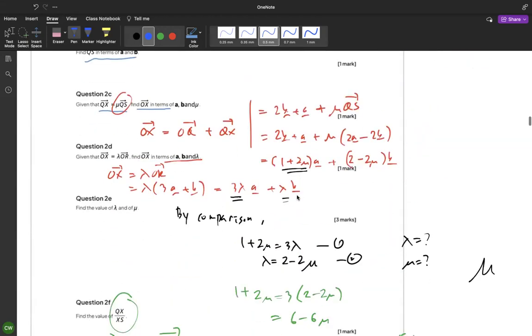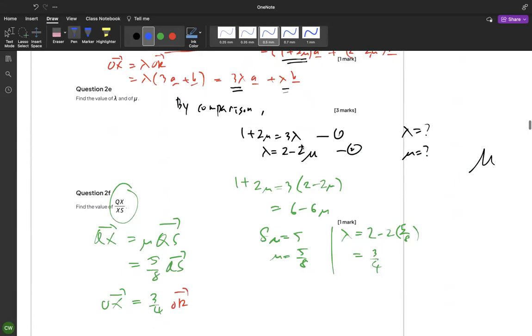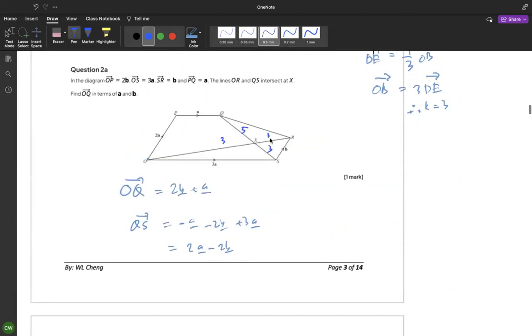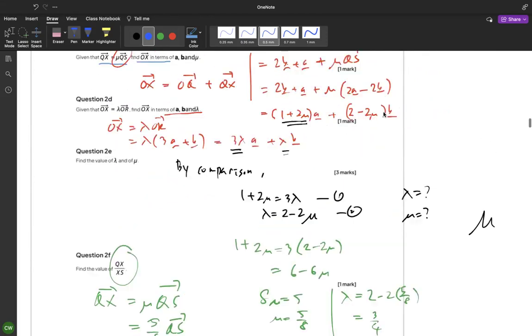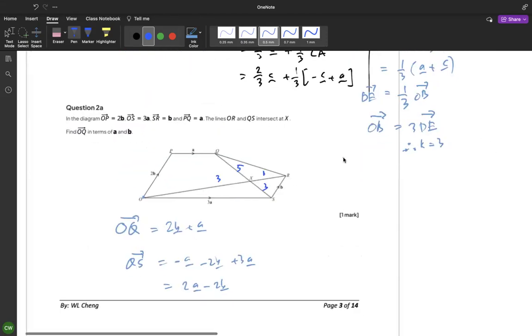Okay, we are looking for what? QS to SS. Hey, this one we already know. So what is the ratio? Can you see on the diagram? QS to SS. Is it 5 over 8?